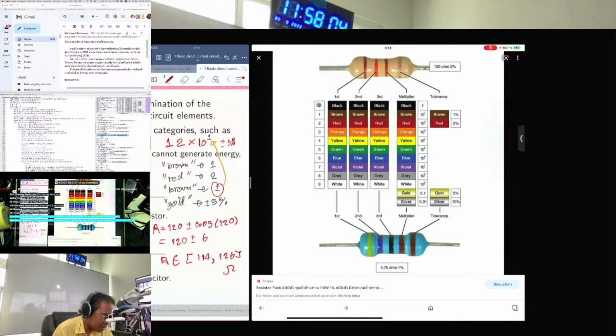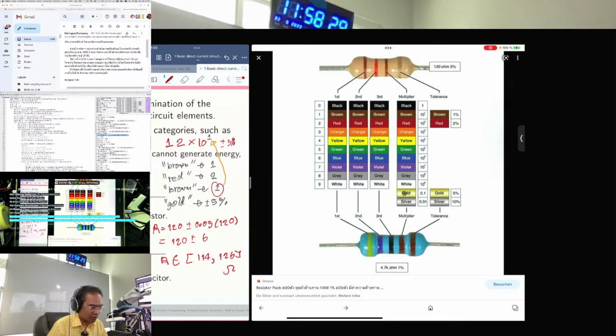The number for each color increases from 0 to 1, 2, 3 until 9. And the important thing is that at the multiplier location in the third band, it's going to be 10 to 0, 10 to 1, 10 to 2 until 10 to 9.